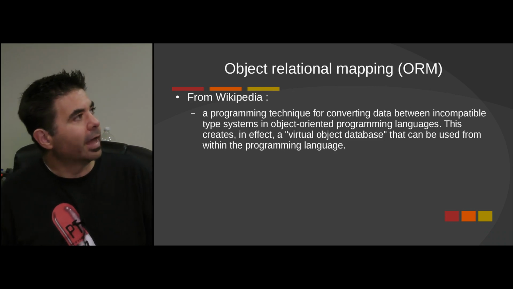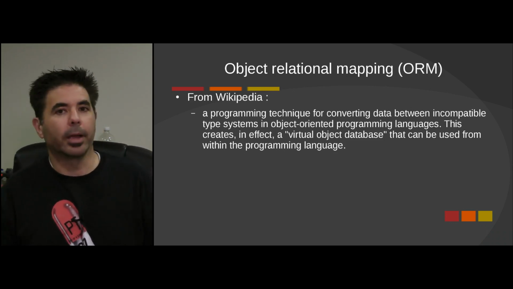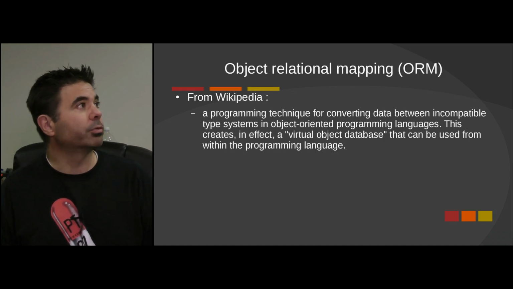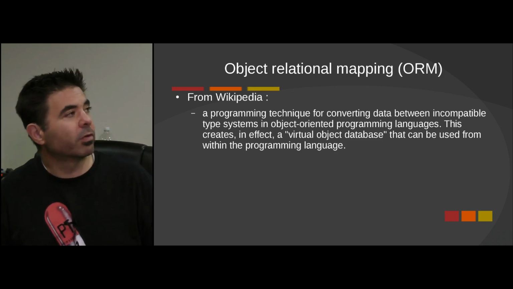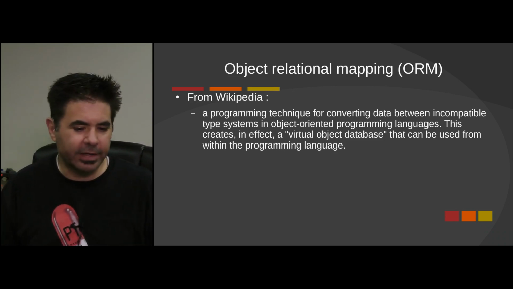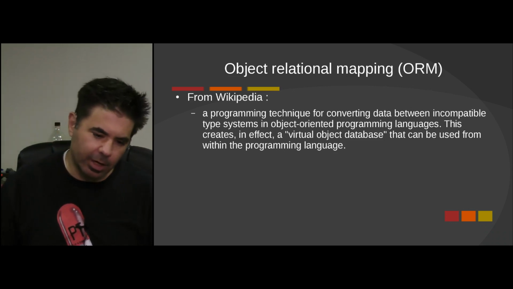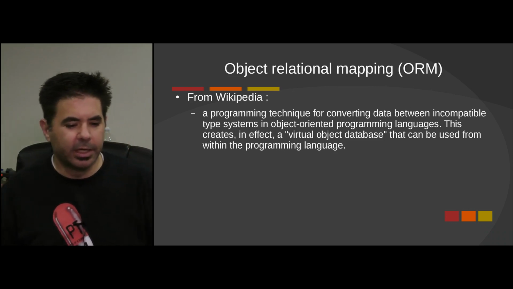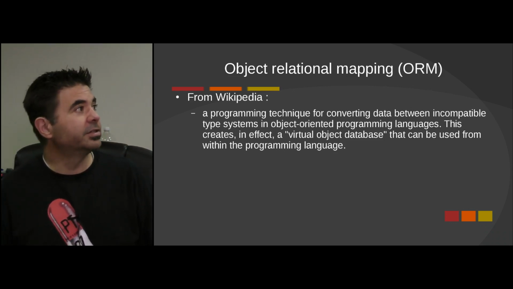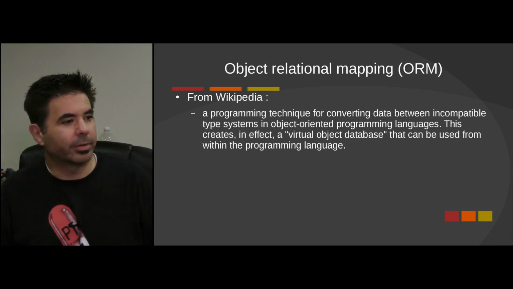So now, with that in mind, let's talk about object relational mapping, or ORM, or some people call it object relational modeling. From Wikipedia, it is defined as a programming technique for converting data between incompatible type systems in object-oriented programming languages. This creates, in effect, a virtual object database that can be used from within the programming language.